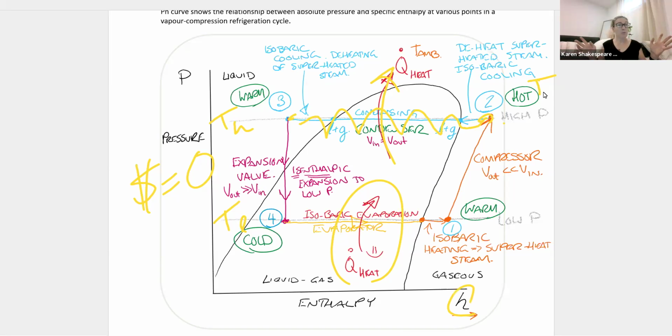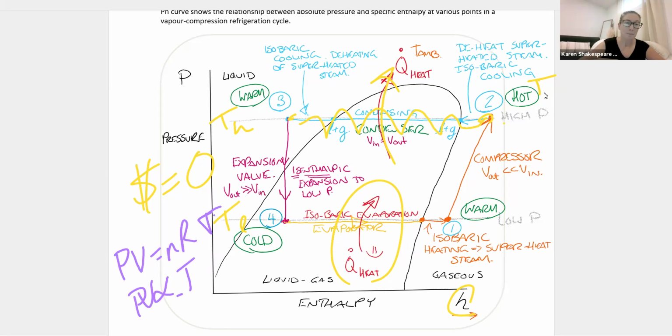But if you let it change to a low pressure, if you keep the volume the same, then it will go to a low temperature. How do we know that? Ideal gas law, PV equals nRT. Pressure and volume are directly proportional to temperature.